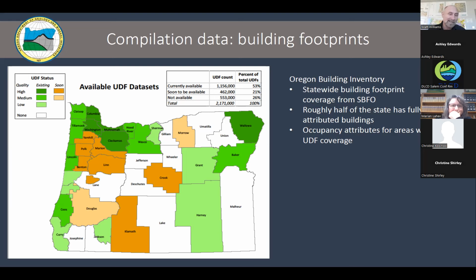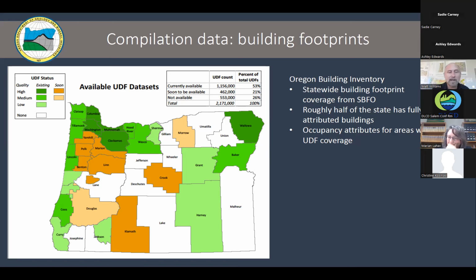By the end of the year we'll probably be about 75% of the way there, and mainly Deschutes County and Lane County represent the bulk of what we don't have plans for yet. That would put a big dent in the remaining 25%, so we'd be pretty close to having fully developed UDF data for the entire state.